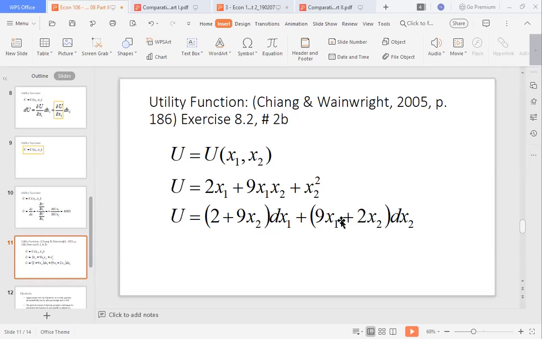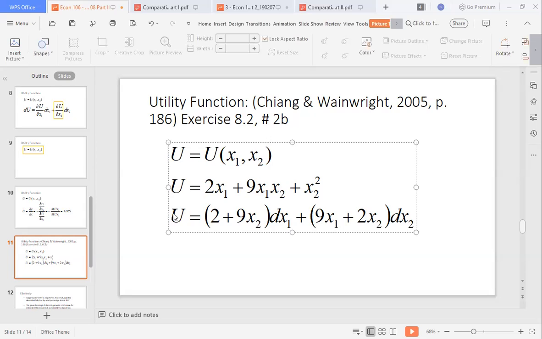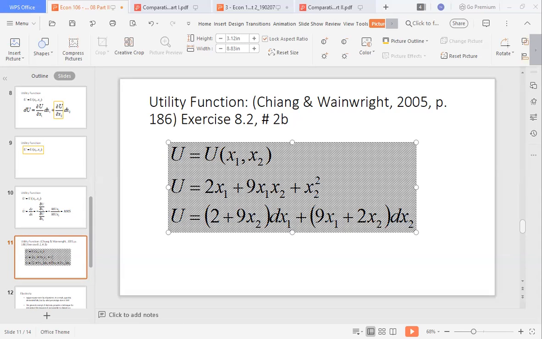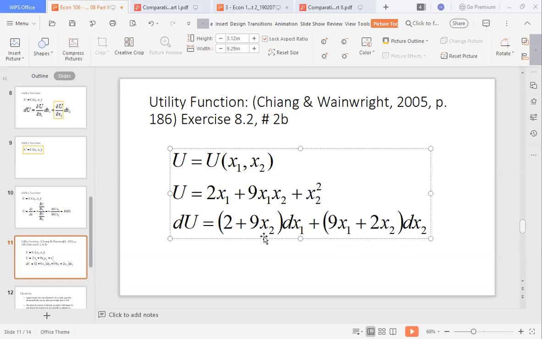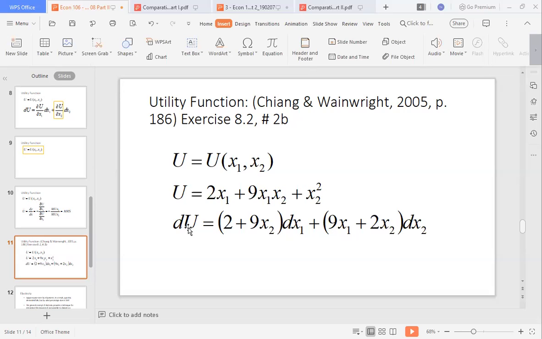Let me correct myself here: this should be du, because we're getting the total differential. In this case, du represents the total approximate change in utility when there is a change in x sub 1 and also a change in x sub 2.